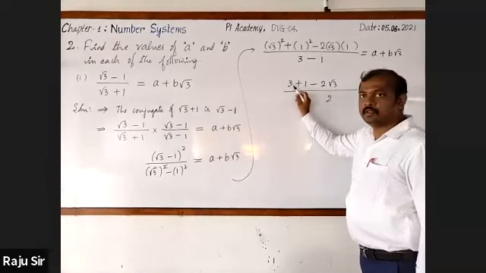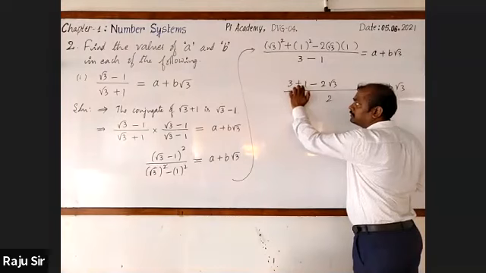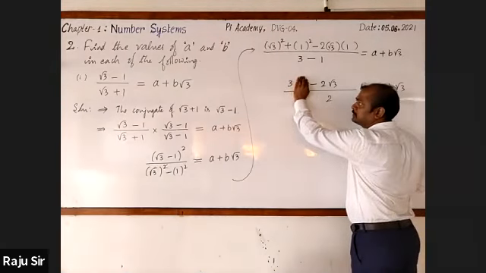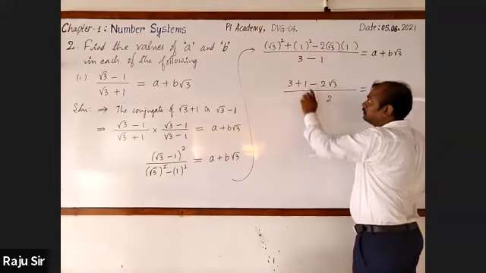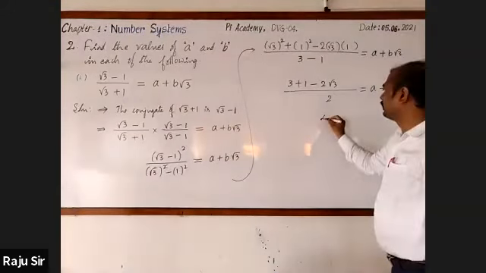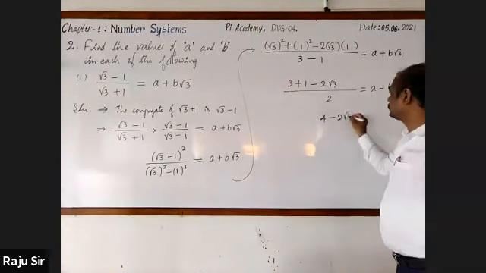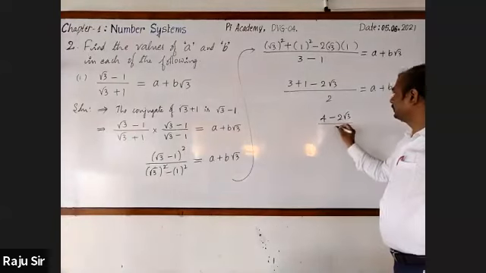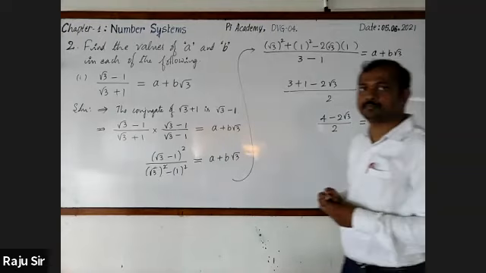Here, 3 plus 1 are whole numbers, integers. They should be simplified. Don't go for considering the minus 2 root 3, only you have to simplify this. 3 plus 1 is 4, minus 2 times root 3, all divided by 2, which is equal to a plus b into root 3.